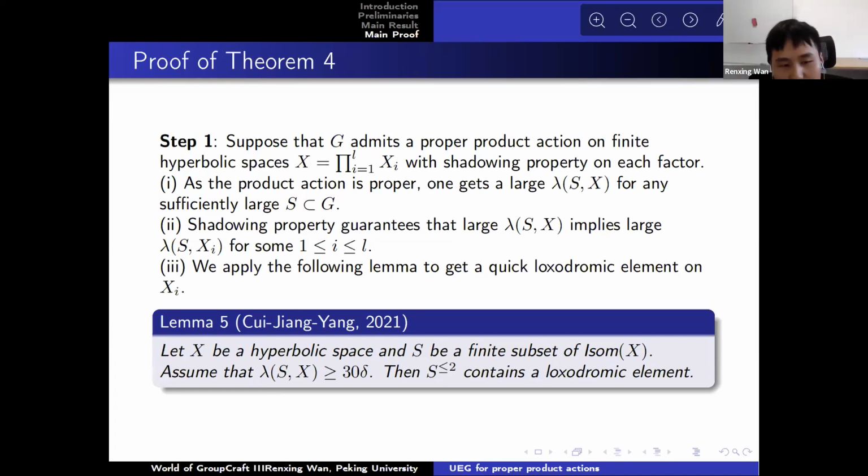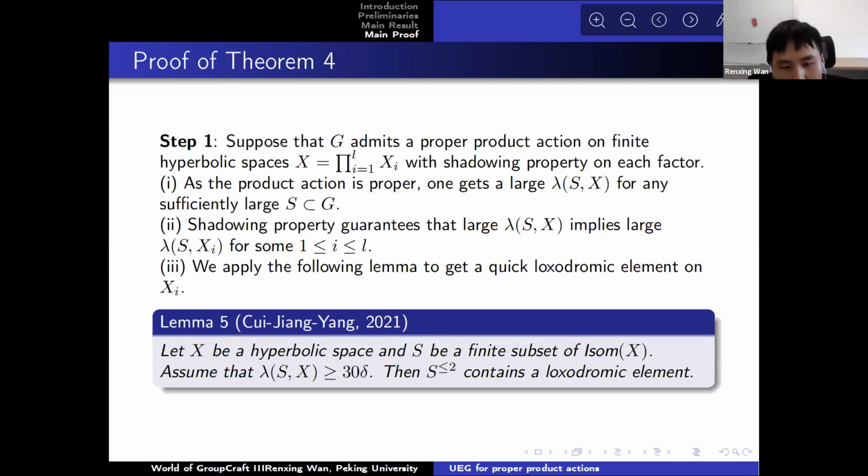As you get a large displacement on the space, then we can apply the following lemma to get a quick logarithmic element on X_i. This lemma is very useful in our paper, and I think it must be very useful in some other related works.